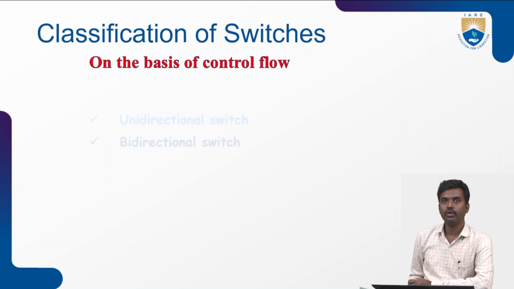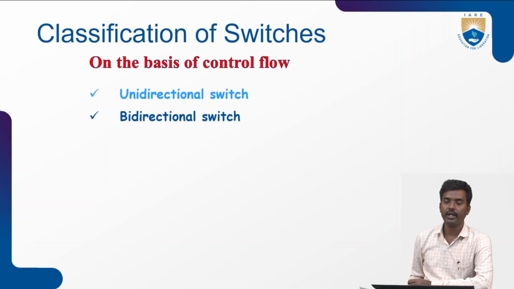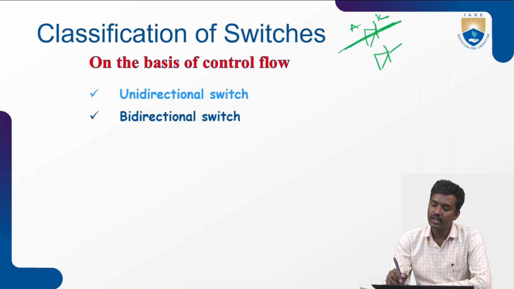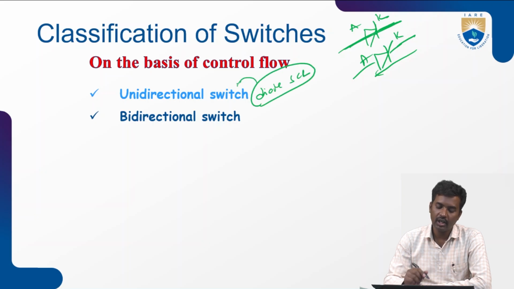What do you mean by unidirectional? A diode allows current only from anode to cathode, so it is a unidirectional device. The SCR also has current flowing from anode to cathode, not cathode to anode. So diode and SCR come under unidirectional devices.